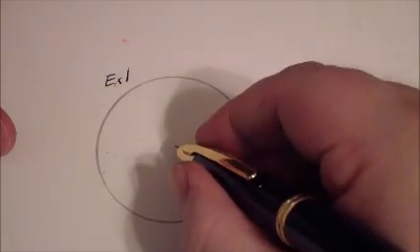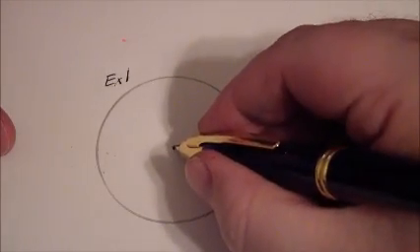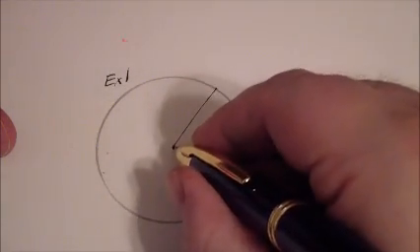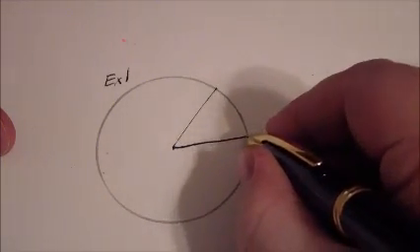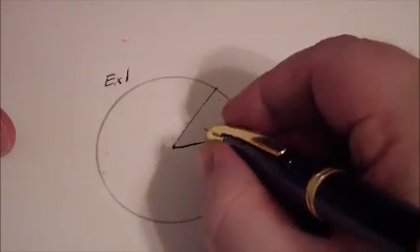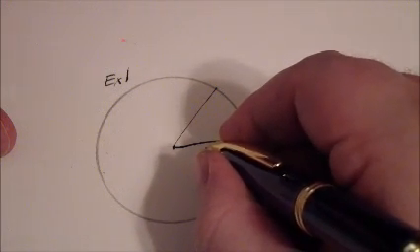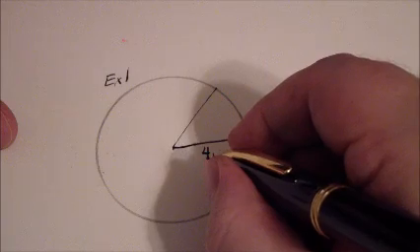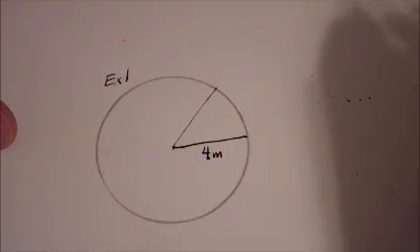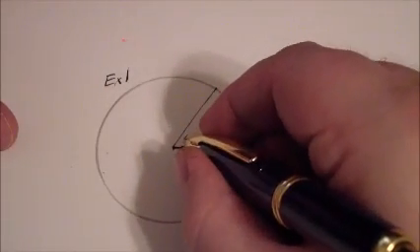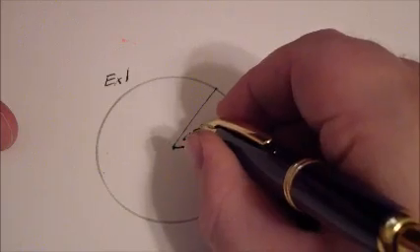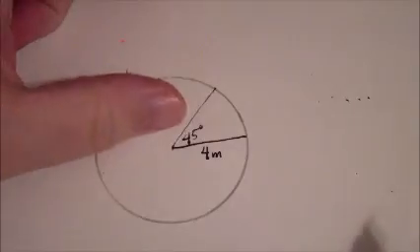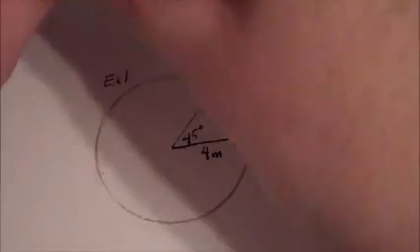And let us say that the radius of our given circle is 4 meters. And we'll say the angle is 45 degrees. We would like to find the area of this slice of our circle.